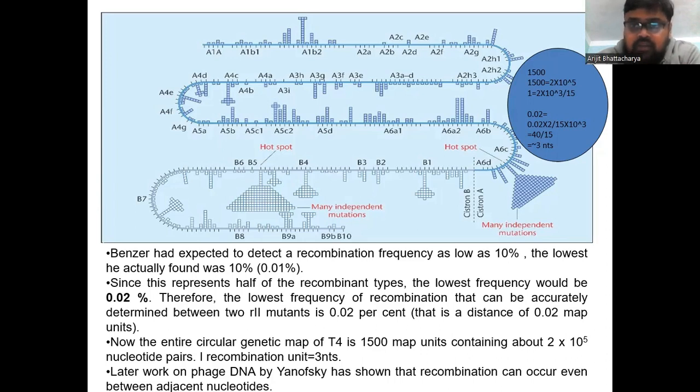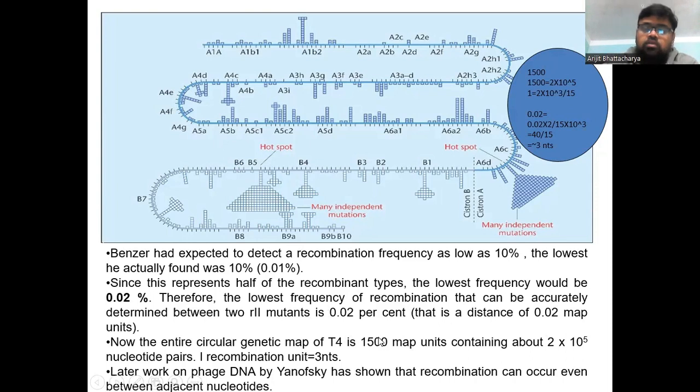So in reality, the frequency of recombinants would be 0.2%. That would mean that between two R2 mutants, there is 0.2% of distance. 0.2% of what? 0.2% of the map units.